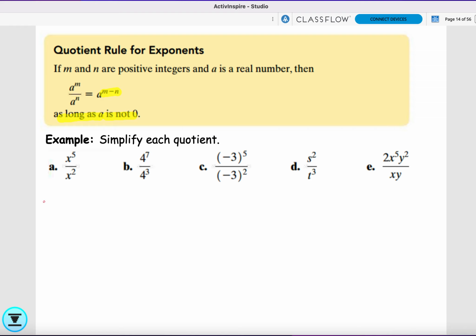But why? Well, x to the 5th means there's just 5 x's on top, right? And then x squared means there's 2 x's on the bottom. So in math, when we have something on top and bottom, that's just a 1. So we're left with these 3 x's, so the answer is x cubed. That is the answer.